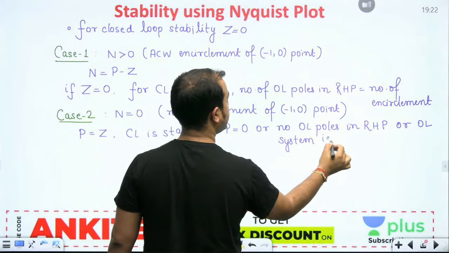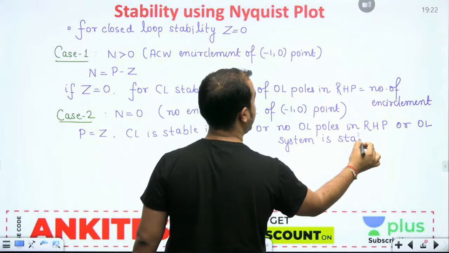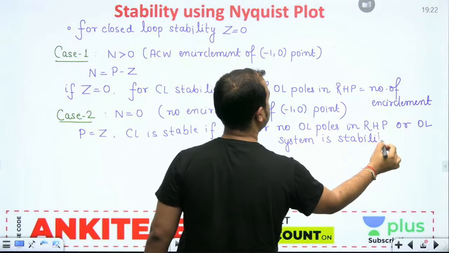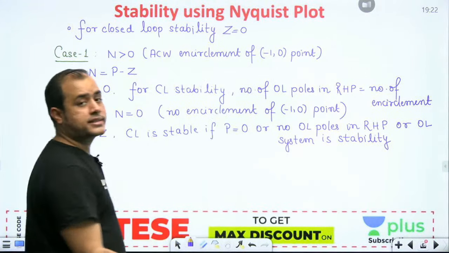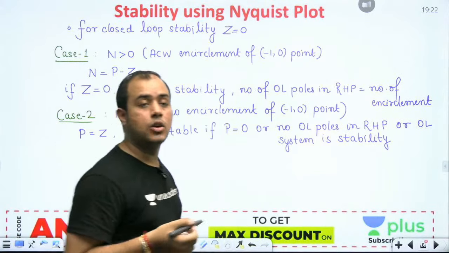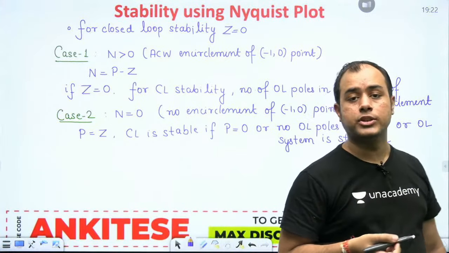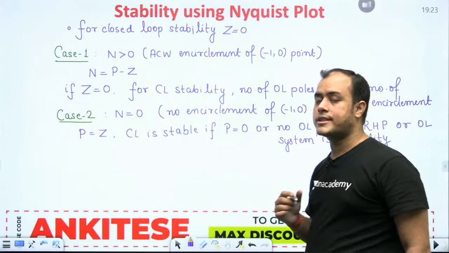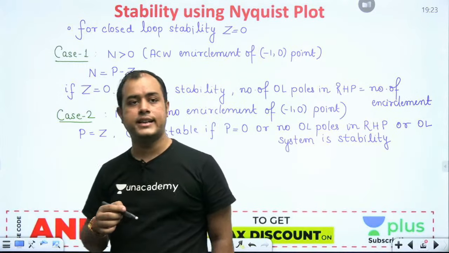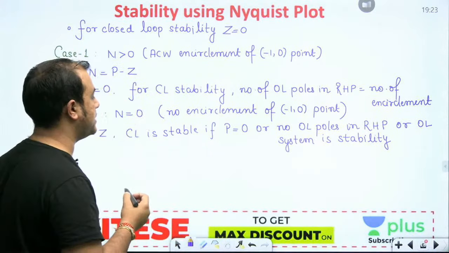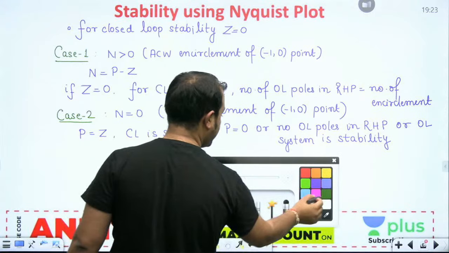What I am saying is, in case N equal to 0, the closed loop system will be stable provided the open loop system is also stable.